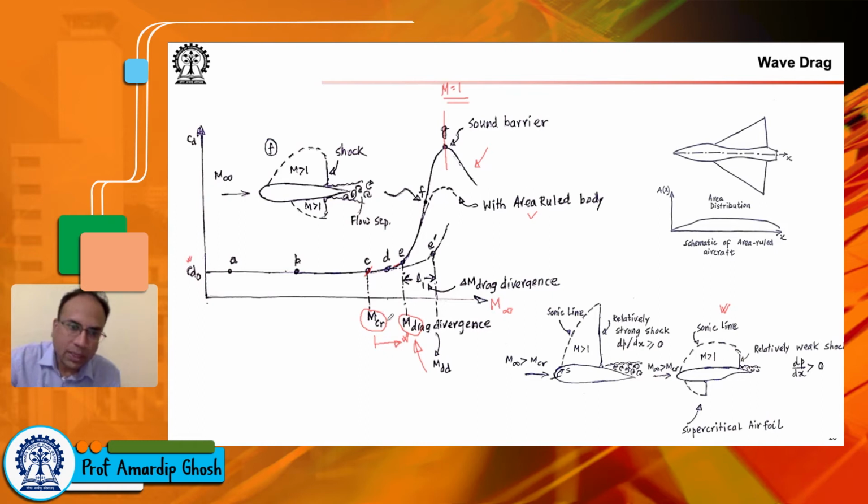But nonetheless, pushing the drag divergence Mach number to higher ranges is of significant use. On the other hand, in area rule bodies, your drag divergence Mach number still happens at the same point, but the amount of drag does not become as high as this one.